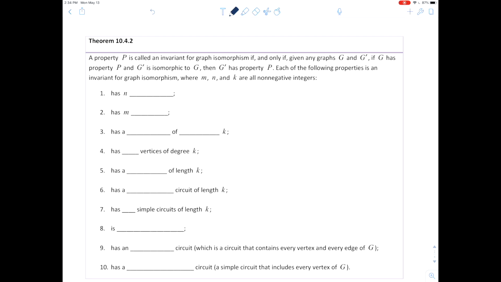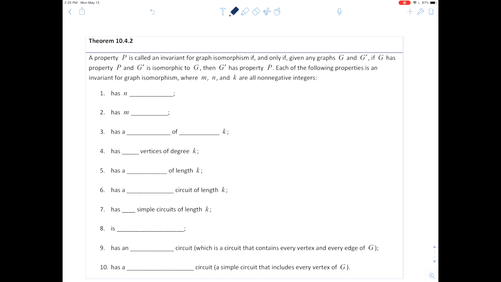A property P is called an invariant for graph isomorphism if and only if, given any graphs G and G prime, if G has property P and G prime is isomorphic to G, then G prime has property P. That part is actually a definition. And so the theorem states that each of the following properties is an invariant for graph isomorphism, where m, n, and k are all non-negative integers. So long story short, if graph G has one of these properties, then in order for it to be isomorphic to G prime, the graph G prime has to have this property.